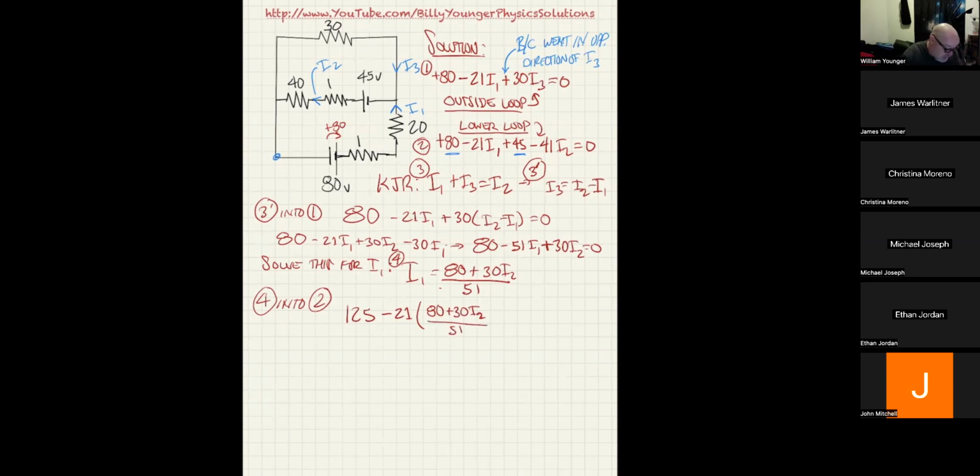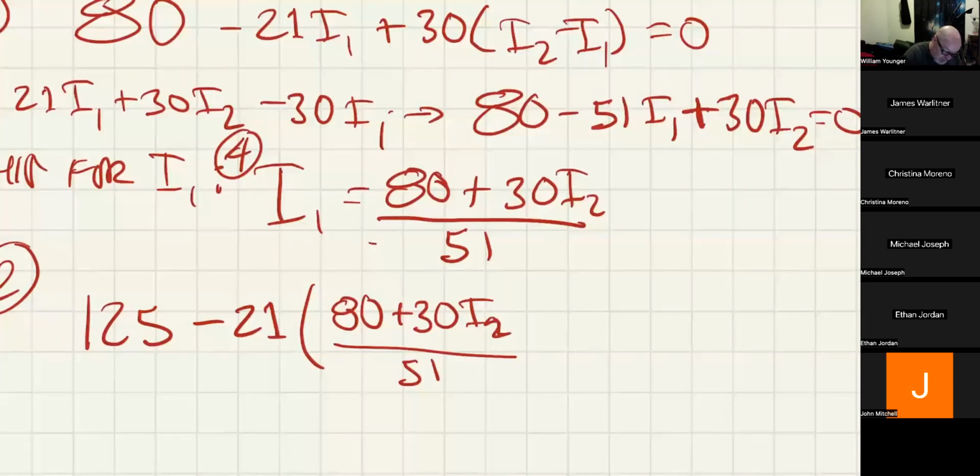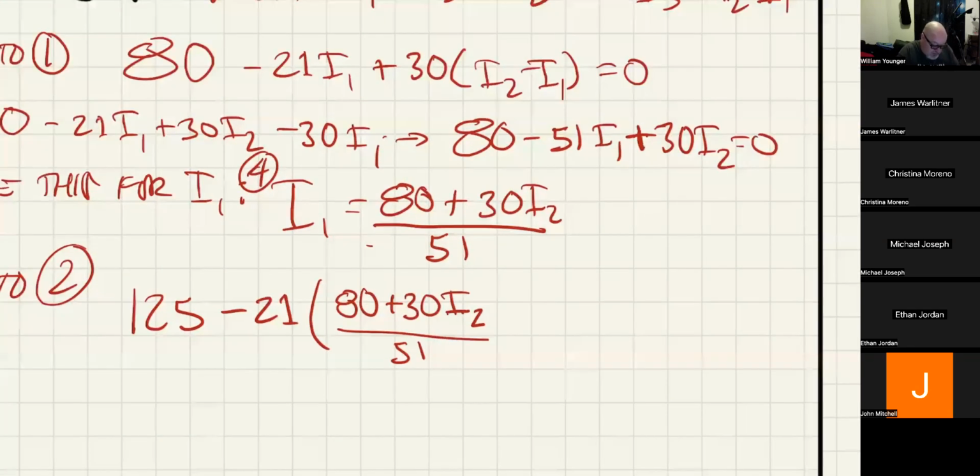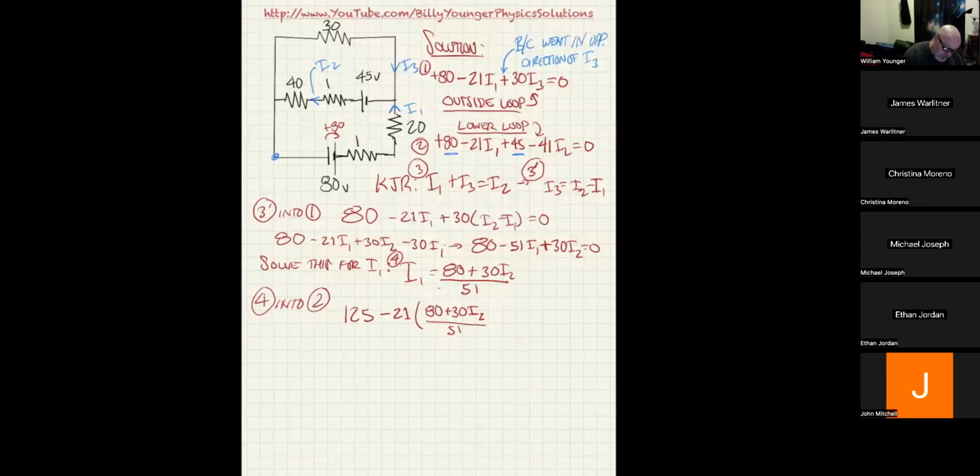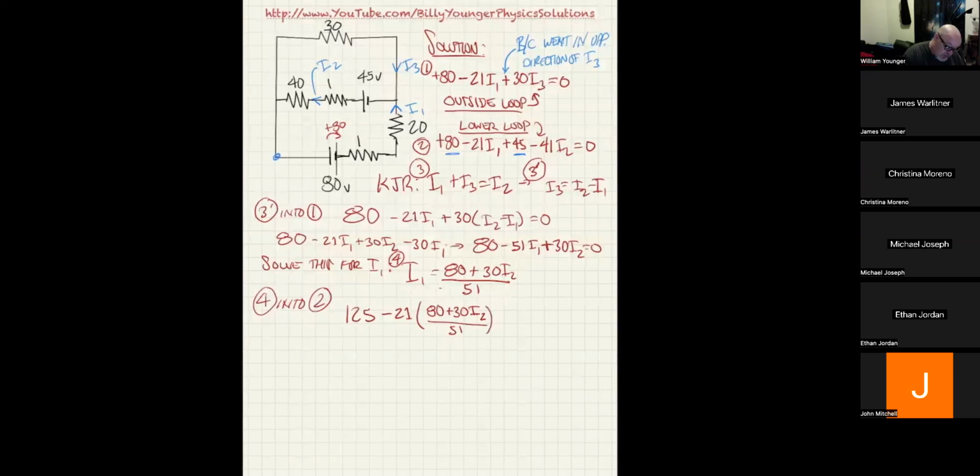Okay, so 80 plus 30 I2 over 51, that is completely I1. Now I've got minus 41 I2, and then all that equals 0. Now I can actually distribute the 21 over 51 times the 80 and all that stuff.